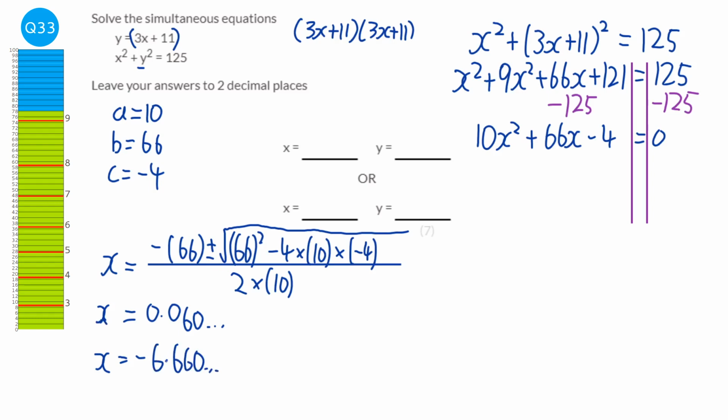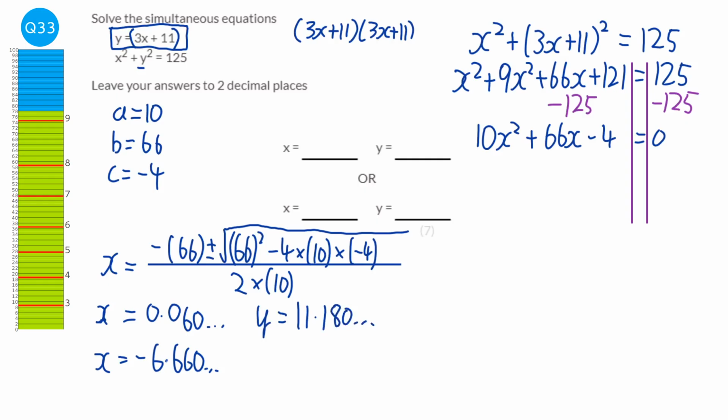Now you might think, well, how are we going to find out what the y's are? Well, if x is 0.06 blah blah blah, we've got an equation here that says to find out what y is, we times the x by 3 and we add 11. So we're going to times that first solution by 3, then add 11, and that gives us that y is 11.180 blah blah blah.